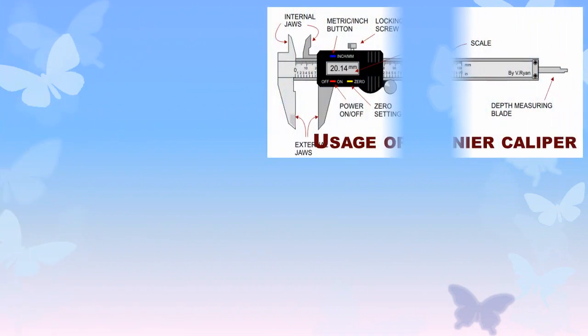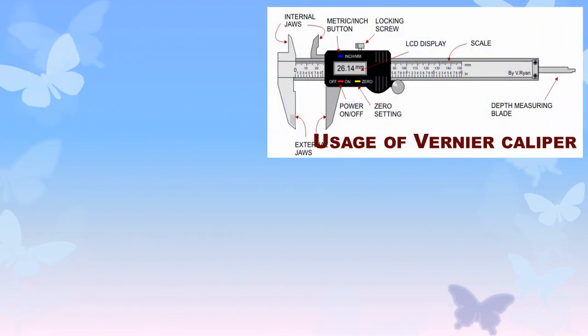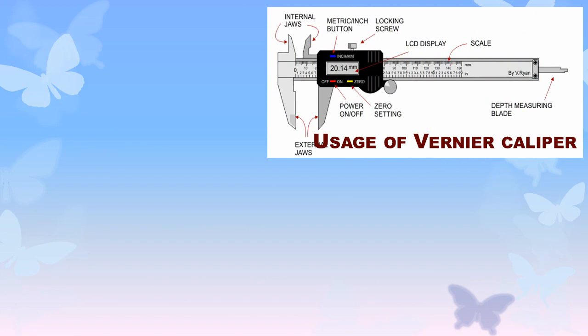Now let's see the usage of this vernier caliper. The first step in using the vernier caliper is to find out its least count, range and zero error. So what do you mean by least count?